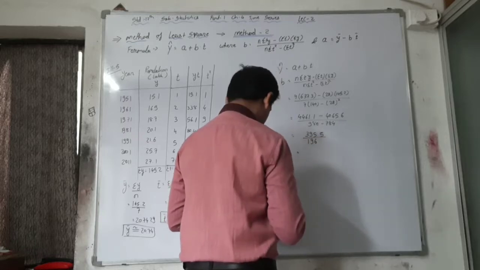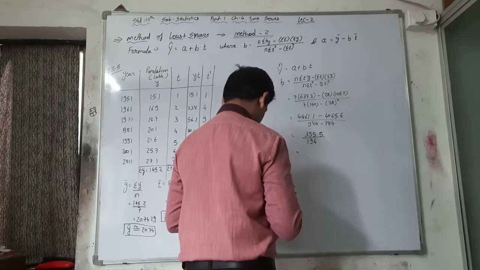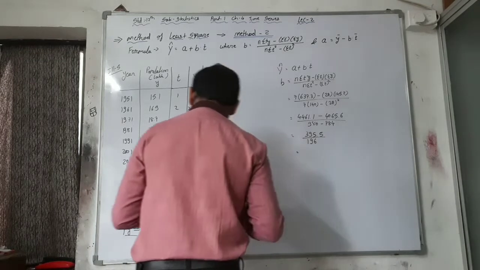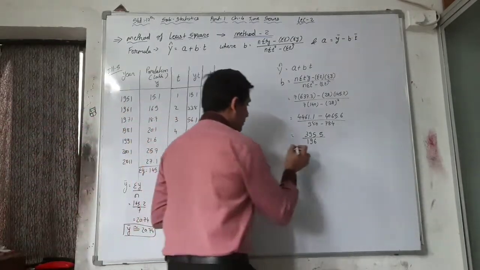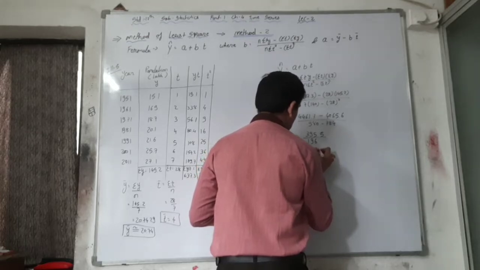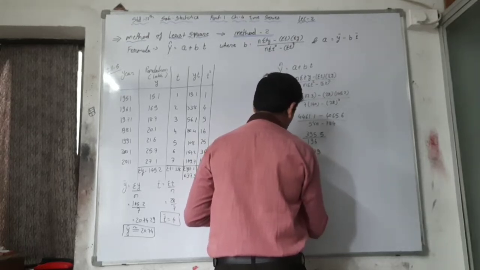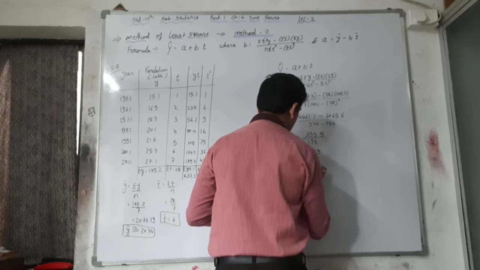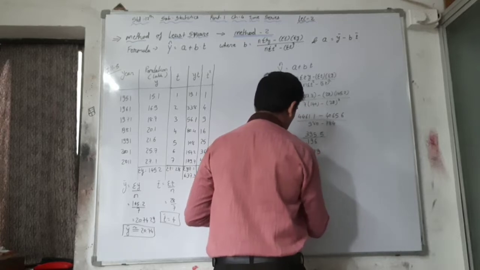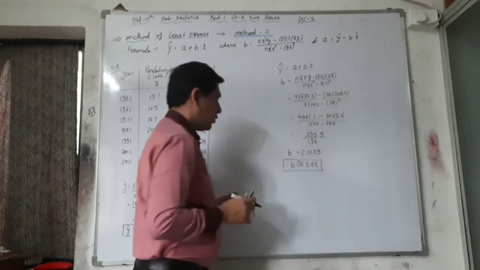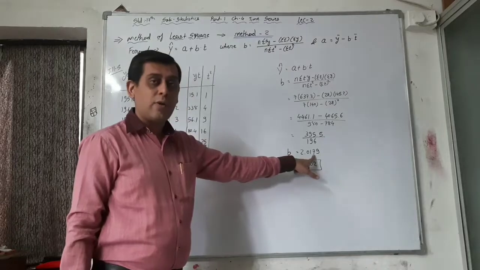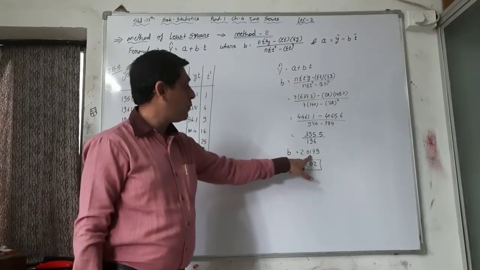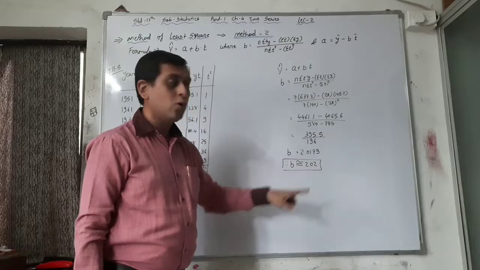So the division is equal to 2.0179. The value of b, that's why approximate value of b is equal to 2.02. Here after 1 the number is 7, that is more than 5. That's why we are taking 1 plus 1, that is 2.02.